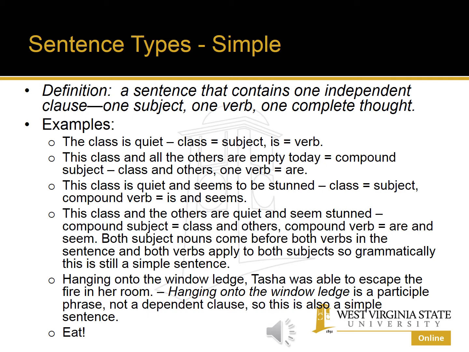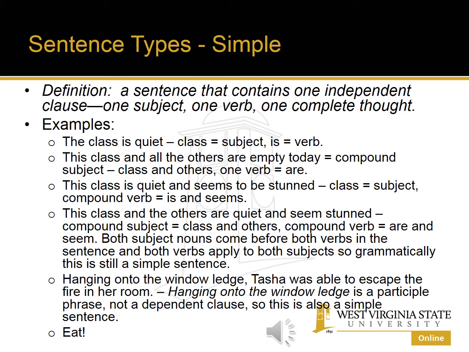And then finally, we have the simplest of simple sentences, a one-word sentence. Here, eat. It's a simple sentence because it just has one verb, and the subject, you, is understood. This is a command form of the English language, also known as evocative.